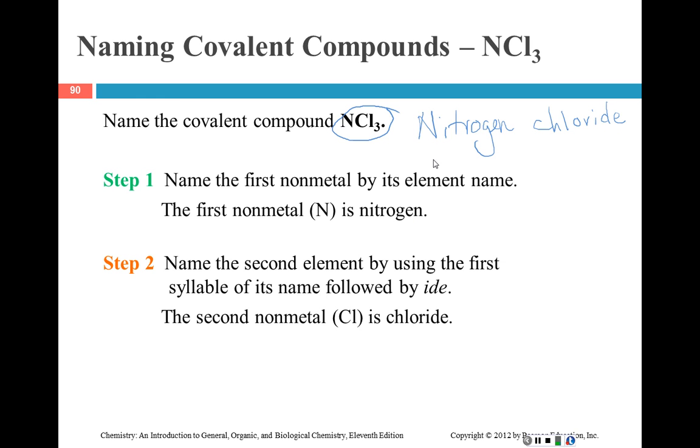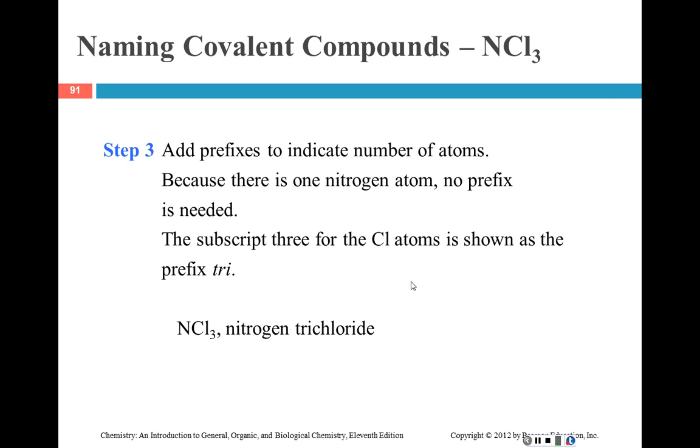And then the last step is you look and see how many of each one of these do you have. You have 1 nitrogen. You don't have to put the mono on here if it's the first nonmetal. But the chloride we do, and so we add the prefix for 3, which is tri. So this will become nitrogen trichloride. And there we are, nitrogen trichloride.